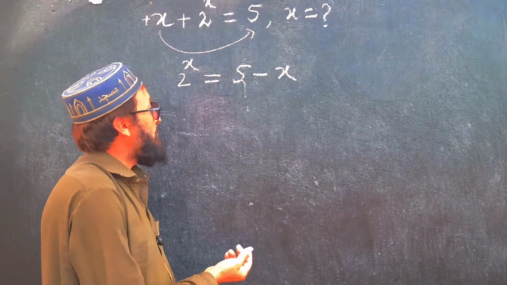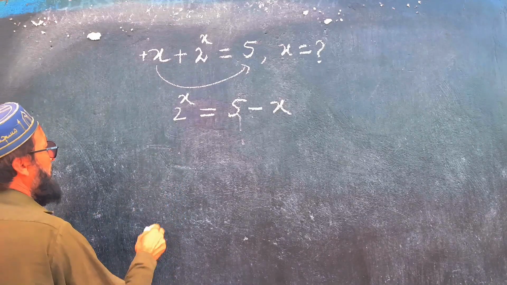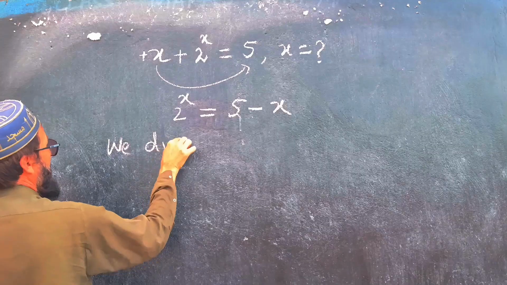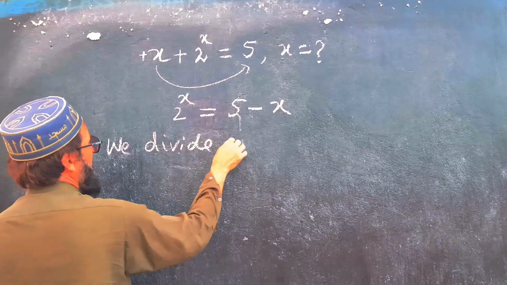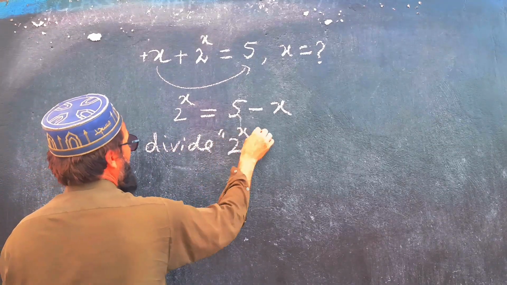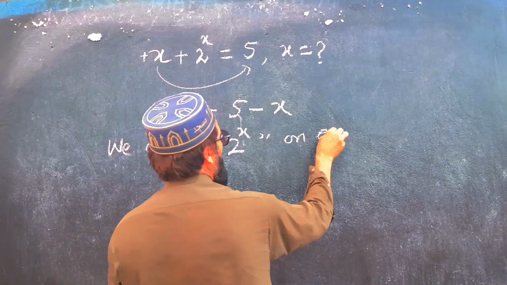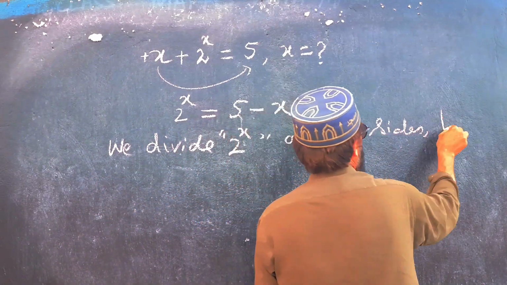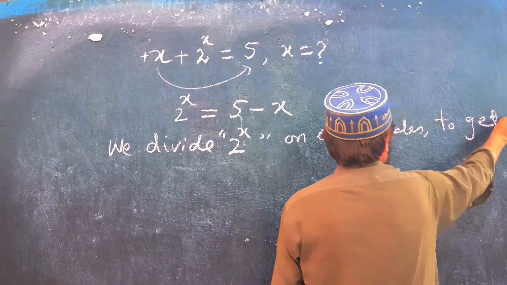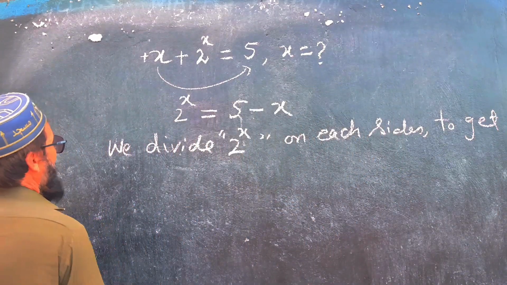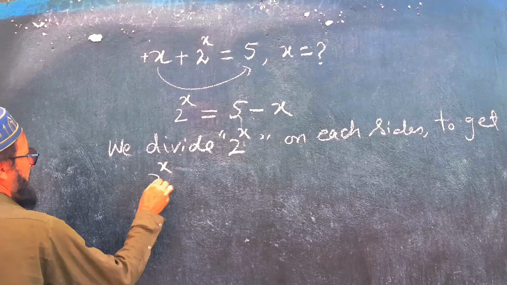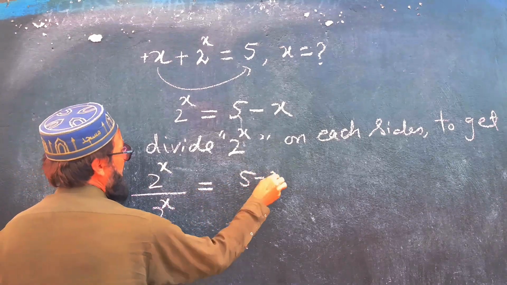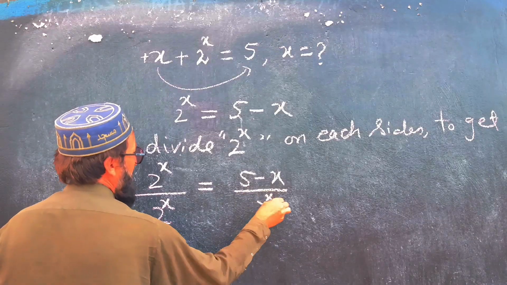Here x is positive, and if we transfer it to the right side, its sign is also changed; here it is minus. Now we divide both sides by 2 exponent of x to get the result. 2 exponent of x divided by 2 exponent of x is equal to 5 minus x divided by 2 exponent of x.